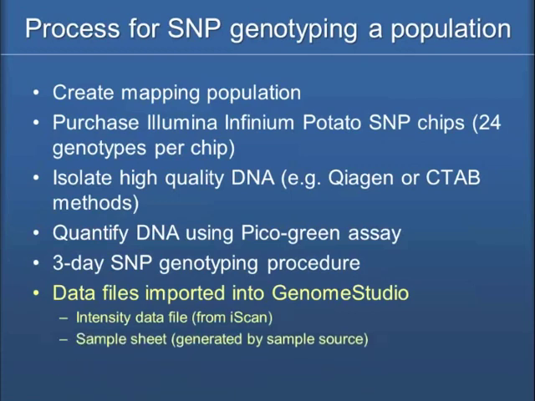There's a sample sheet that he creates so that we can correlate the intensity data with what was loaded on, and then there's a SNP manifest file that comes from Illumina that gives the location of all the beads and what SNPs are there. So it's that data file that needs to be aligned with the intensity file to give the proper reads.